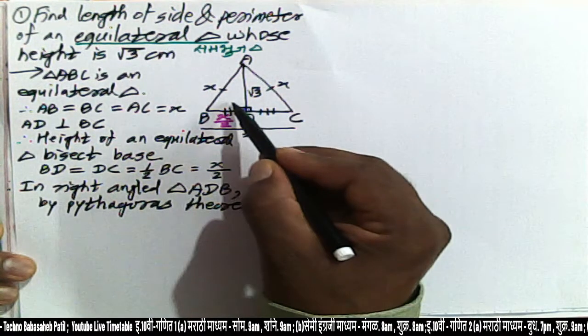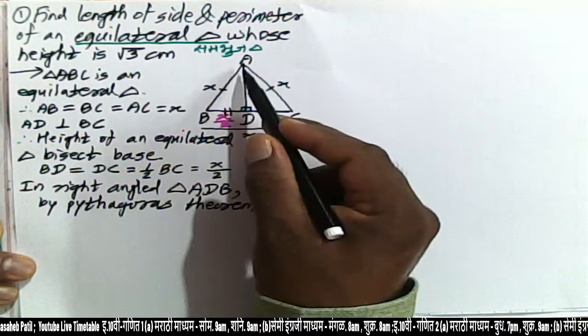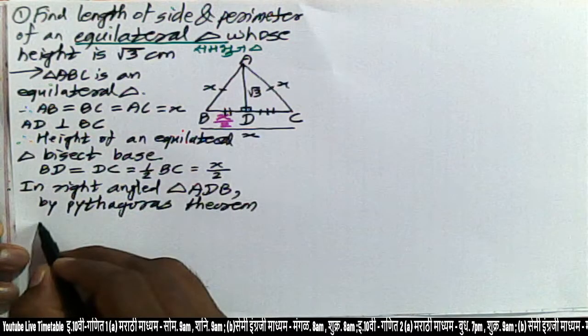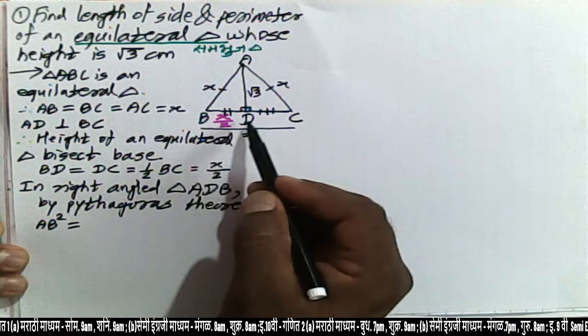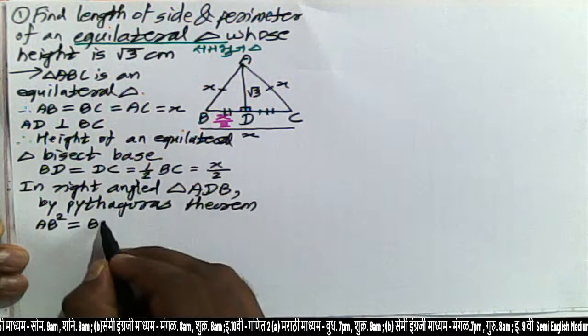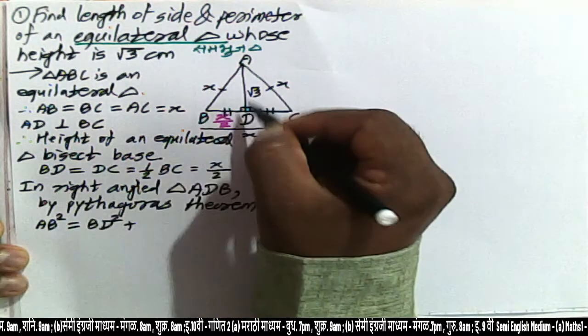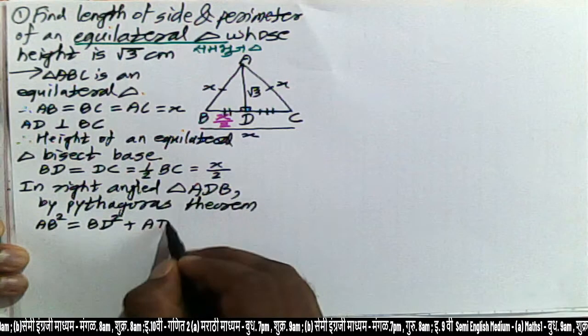Hypotenuse square means AB square is equal to base square means BD square plus height square means AD square.